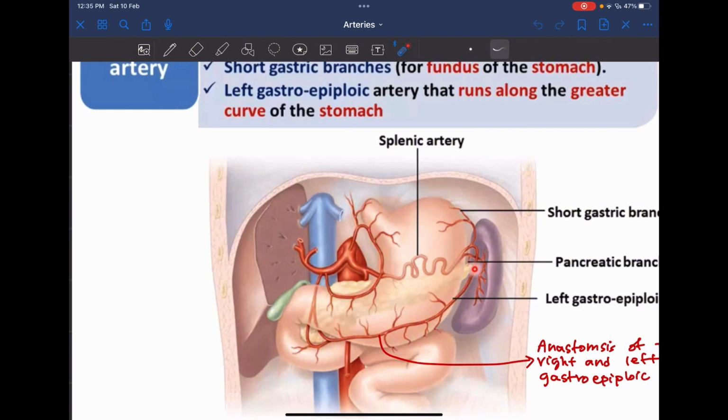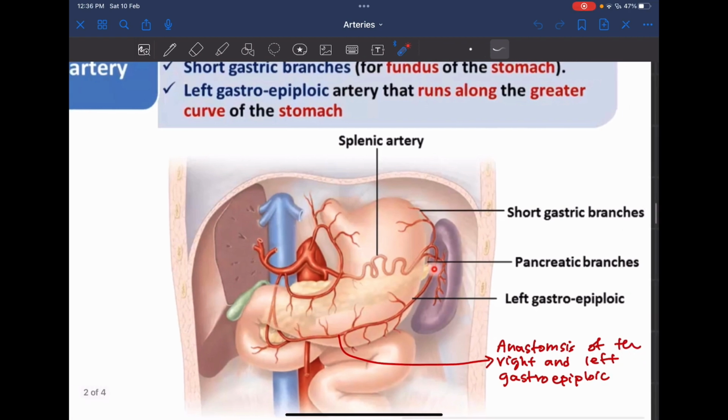And then once it reaches the end of the stomach, you can see that it's giving off two important branches: the short gastric branches, which give supply to the fundus of the stomach, and the left gastroepiploic artery. The left gastroepiploic artery, as you can see here, descends downwards on the greater curvature of the stomach, and it's anastomosing with the right gastroepiploic artery.